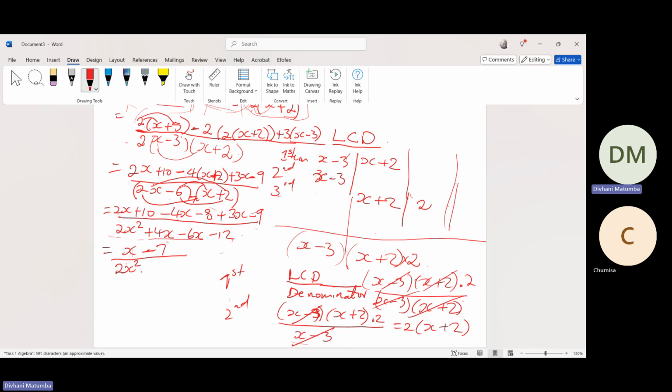Do you agree? Yes, sir. Which is going to result in, if you add the 2, you get what? Negative 2x. Then minus 12. Okay? Yes, sir. Yeah, you got the marks.